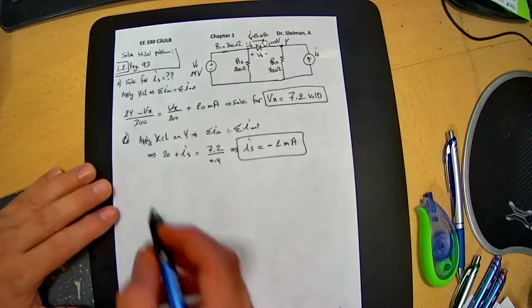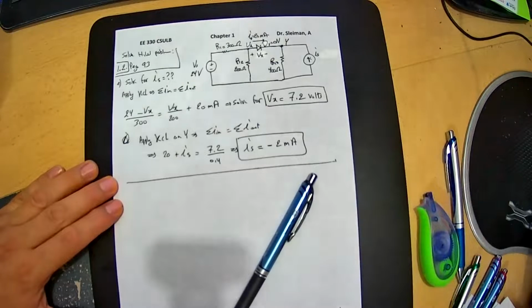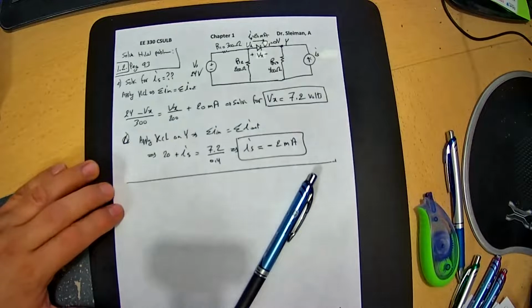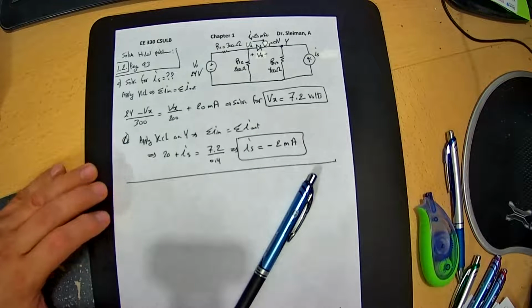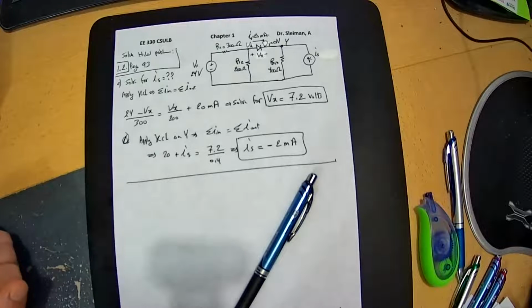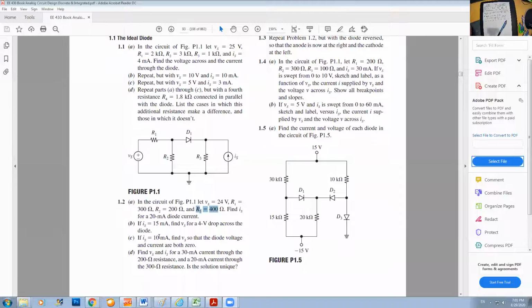So this is part A. Let's go to part B. Part B: if I of S is equal to 15 milliamp, find V of S for 4 voltage drop across the diode.